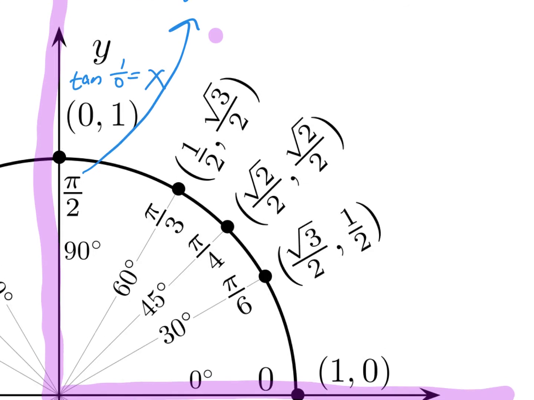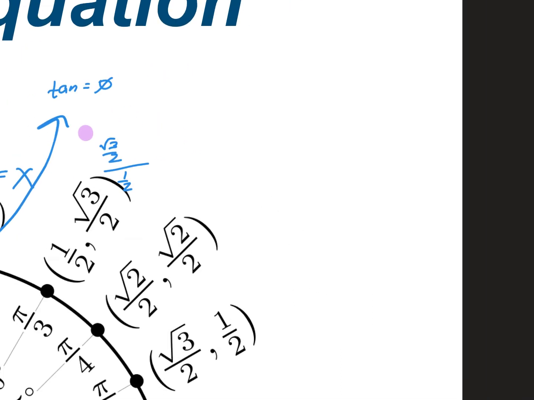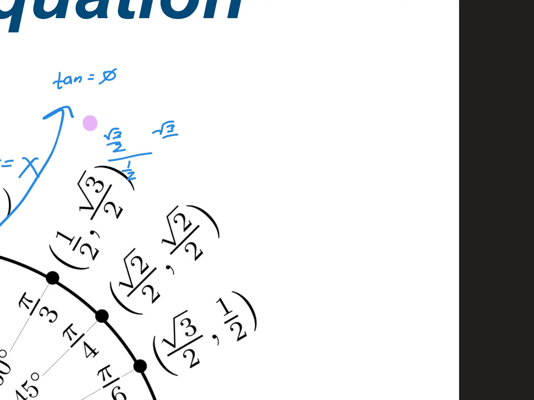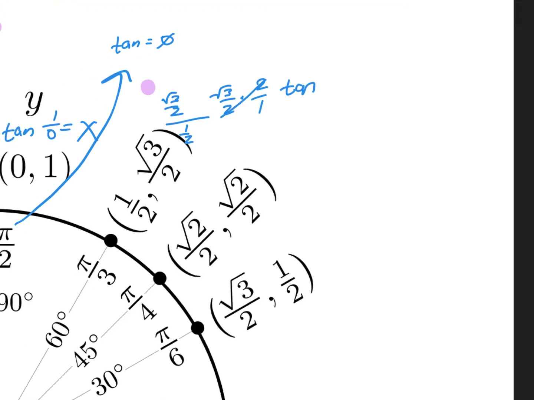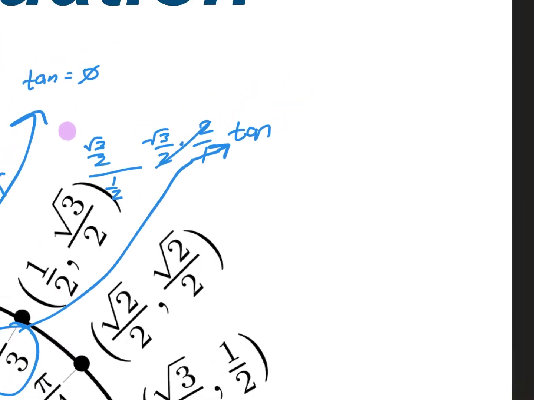Okay, so I go down here, I'm going to go to 60 degrees. It's y over x, right? So root 3 over 2 divided by 1/2. When I work that out, I get root 3 over 2 times 2 over 1. So what is the tangent right here at pi over 3?